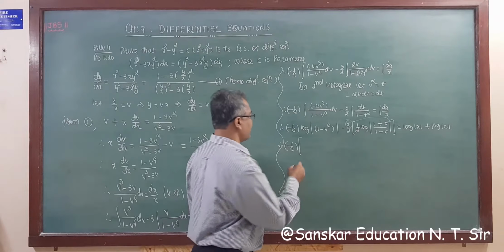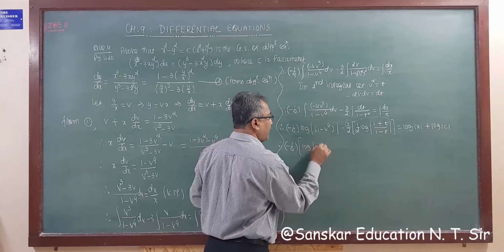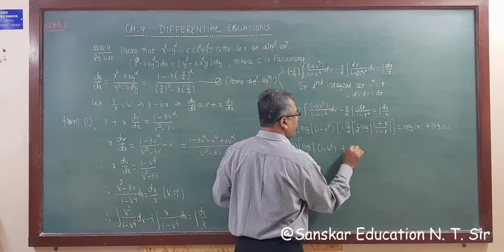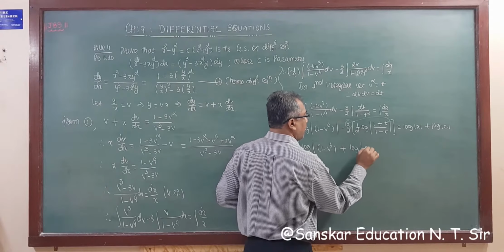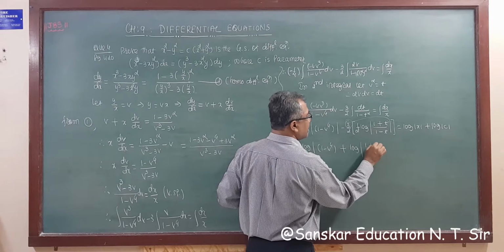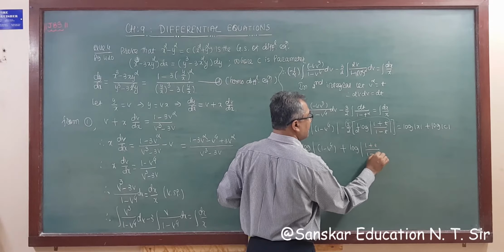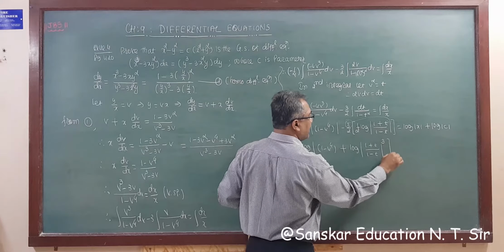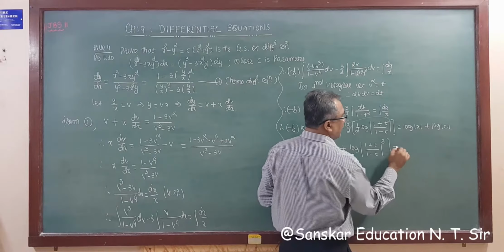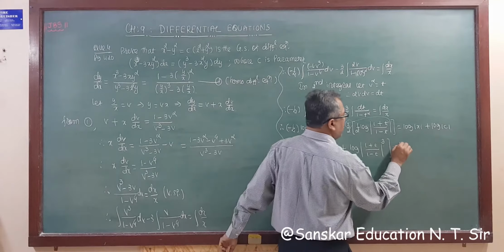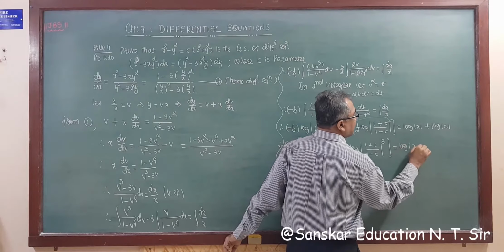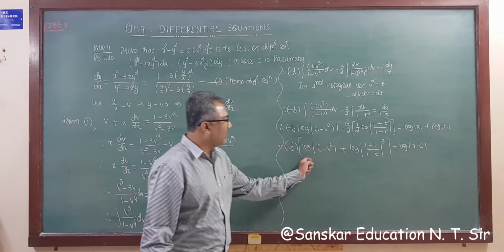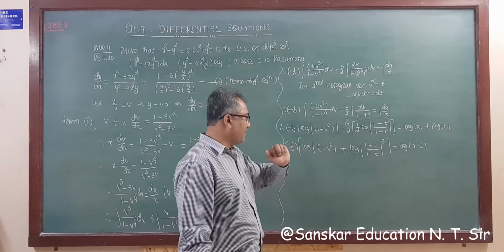I am writing one step more, no worry. 1 minus v raised to 4, plus, so you better understand this, log of 1 plus t upon 1 minus t whole cube. So I am taking this to power here, and log A plus log B is log AB. So log mod x into c.